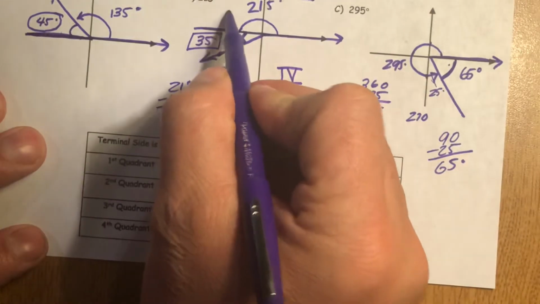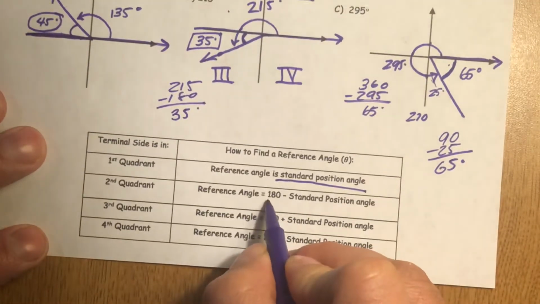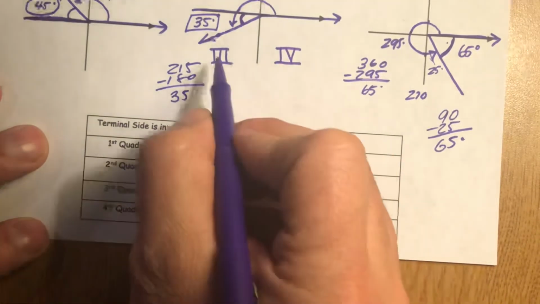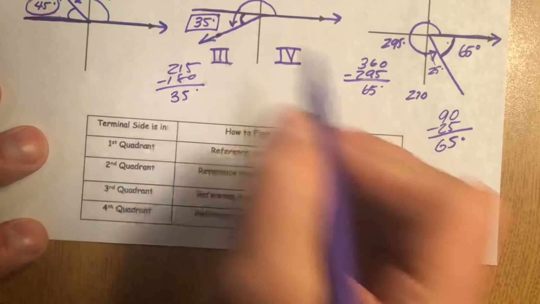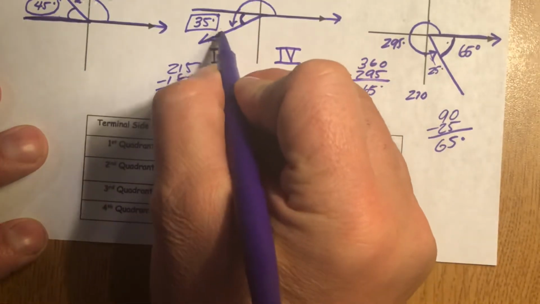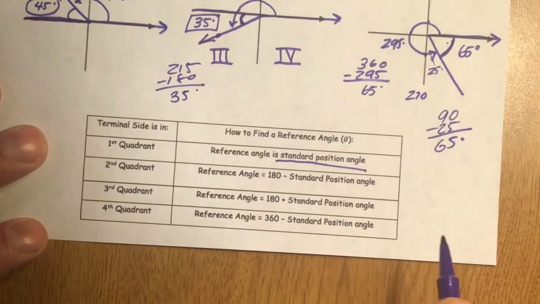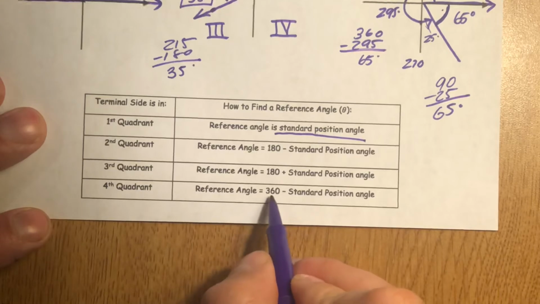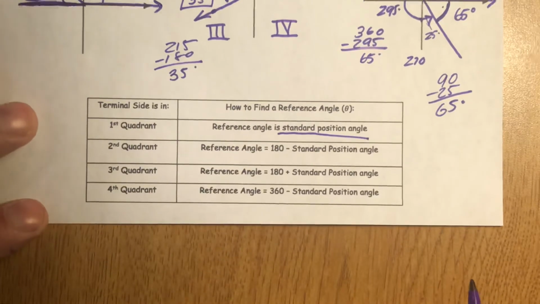If it's in the second quadrant, we can take 180 minus the standard position angle, and that will give you the reference angle. If it's in the third quadrant, like this one, you can take the standard position angle minus 180. And in the fourth quadrant, the reference angle is 360 minus the standard position angle.